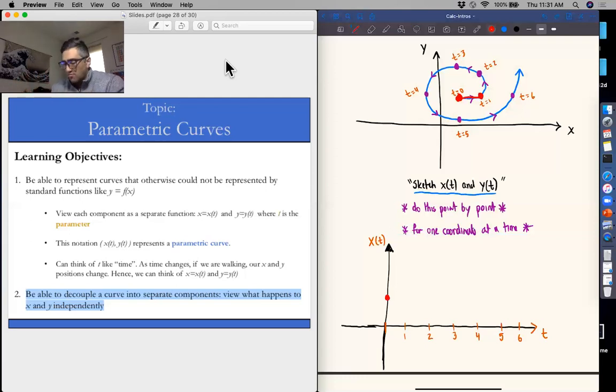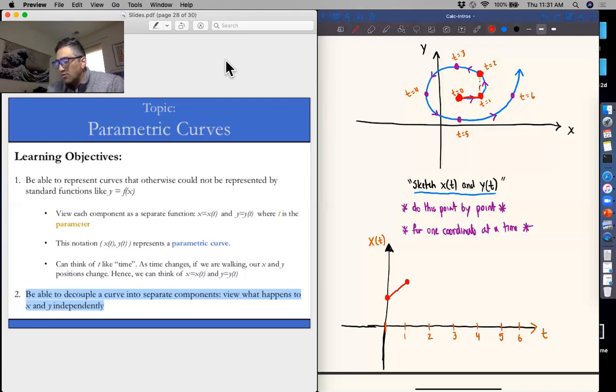Between t equals 0 and t equals 1, our x value increases some amount. For these sketches, we don't concern ourselves with what happens in between t equals 0 and t equals 1. We're just trying to get a sense of what this function looks like. All right, let's think about what happens between t equals 1 and t equals 2.